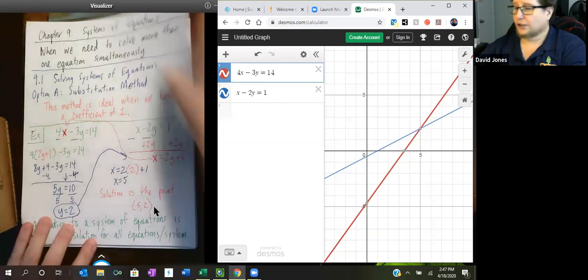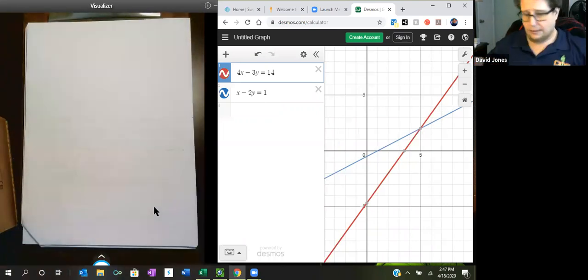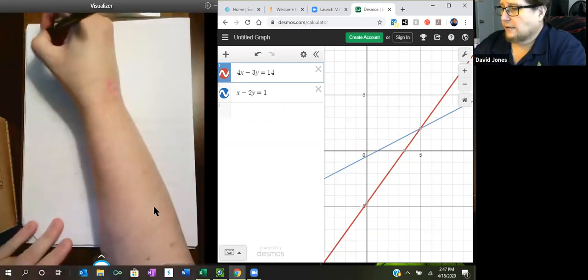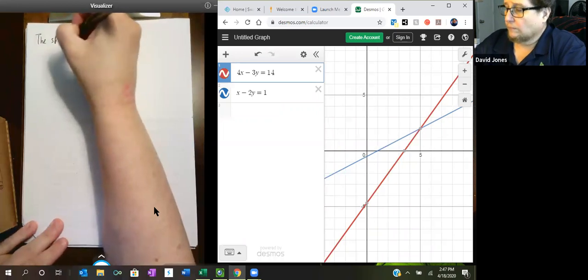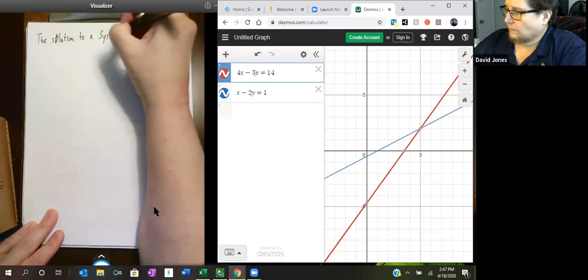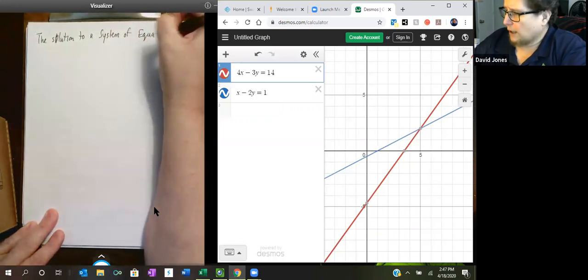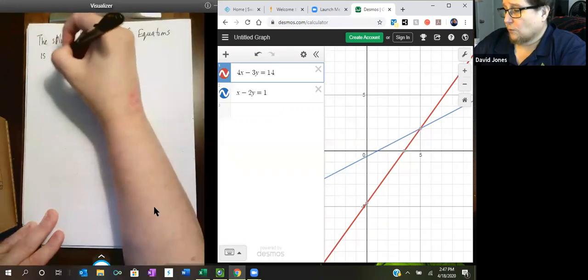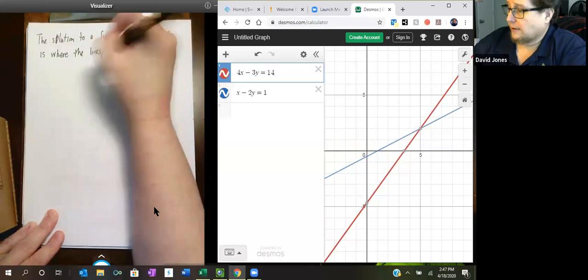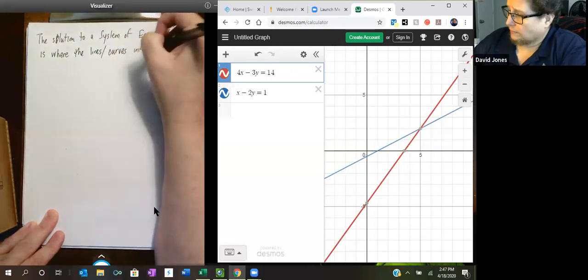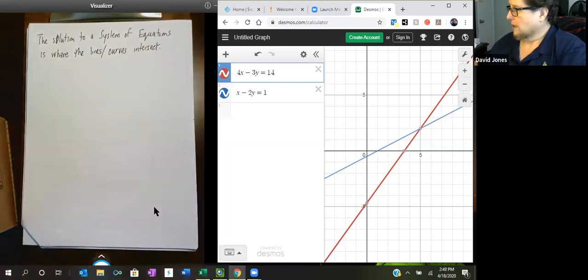So the solution to a system of equations is where the lines or curves intersect, and we could graph this by hand if we wanted to, but it's there in Desmos. That's one method.